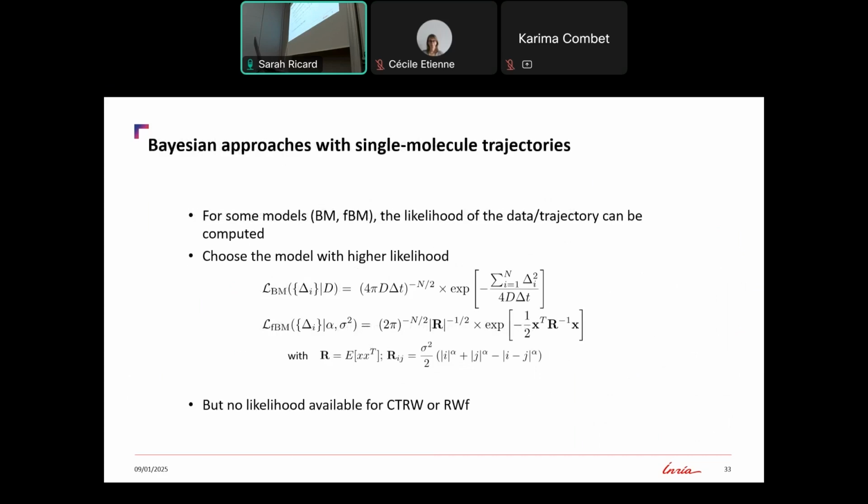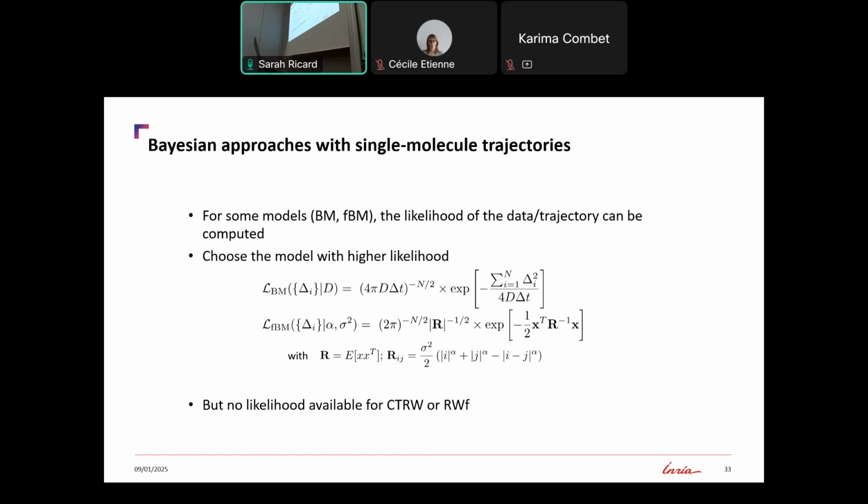And sometimes it happens that for Brownian motion or fractional Brownian motion, if you have the trajectory itself, so if you have single molecule trajectories, like I showed you with single molecule super resolution microscopy, you have the likelihood of the trajectory. So you know, in terms of Bayesian analysis, how to attach a likelihood to what you observe. I won't go into detail.